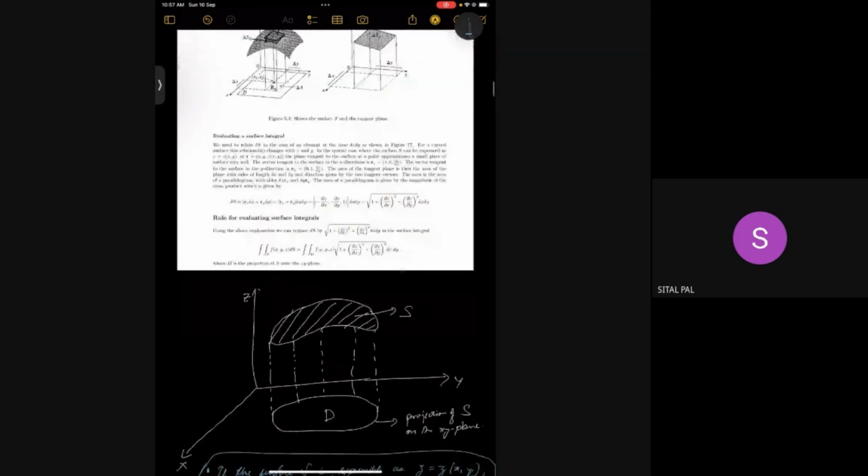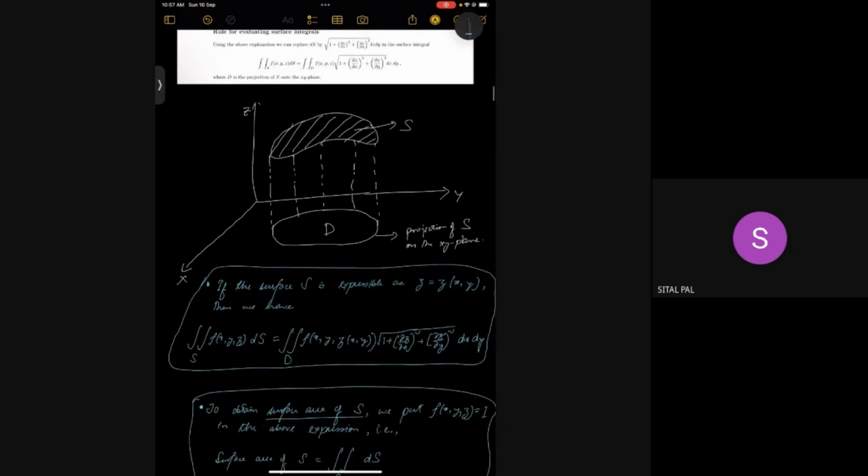So, long story short, consider any surface in 3 dimensions. I denote it by S, and we assume that the surface S is expressible as a function of x and y. That is because we usually take z to be the dependent variable and x and y to be our independent variables.